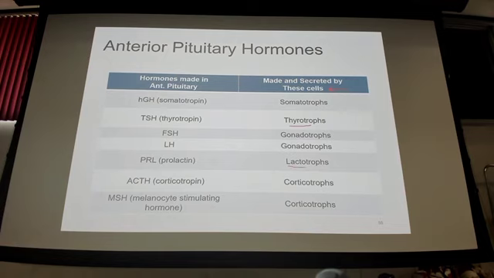Lacto, lactin. Corticotropes make adrenocorticotropic hormone. Right? So anyway, you see, the only one that's weird is melanocyte stimulating hormone, which is made by corticotropes as well. All right? So there's one weirdo. Does that make sense? If I ask what cells make what hormone, the name should help give it away. All right?